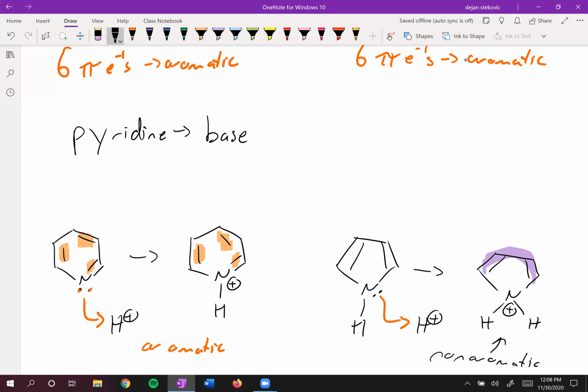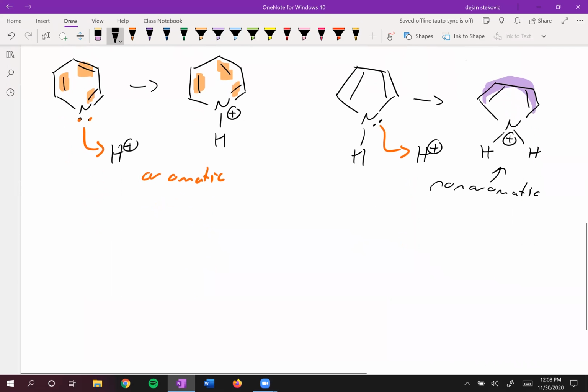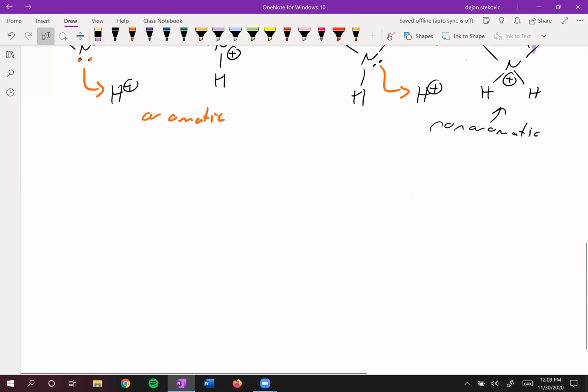Because you ruined this aromaticity, this pyrrole doesn't want to pick up this H+. And so this compound on the right is not basic, while pyridine is basic. So even though overall they look relatively similar, they're actually almost completely different due to their aromatic properties.